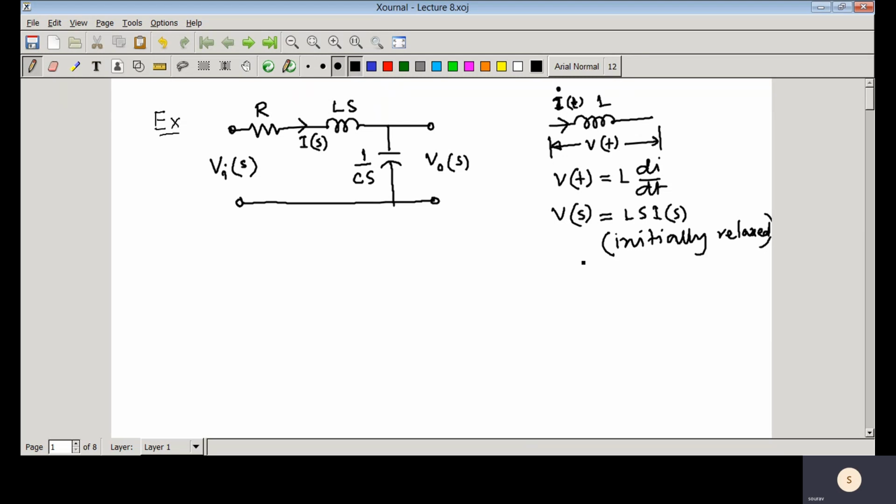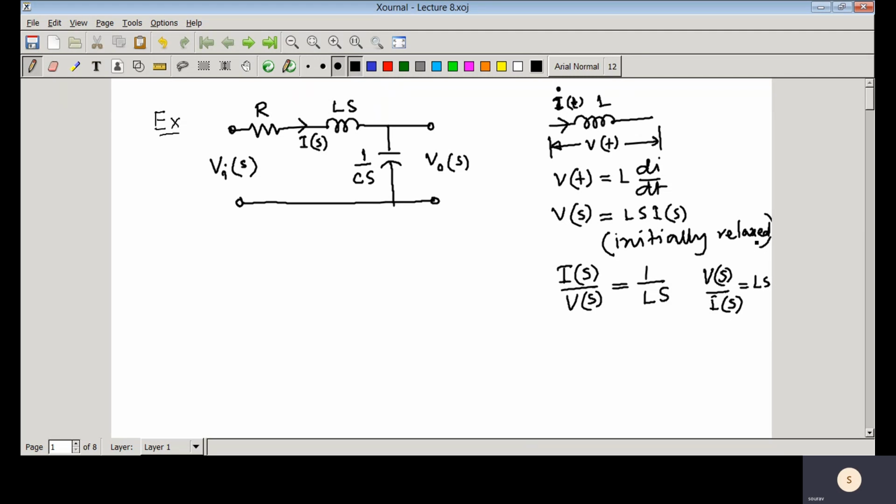That means we consider the initial condition to be 0. So I(s) by V(s), if you would like to represent in input output form, is equal to 1 by Ls. Now here one interesting point is that if you want to represent this block in terms of V(s) by I(s), then that would be equal to Ls.